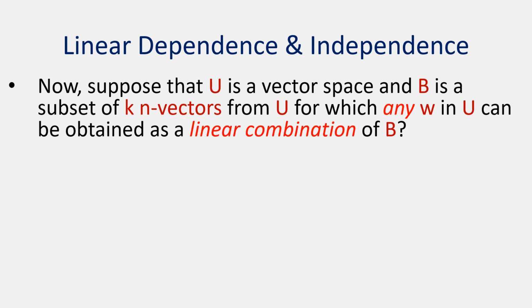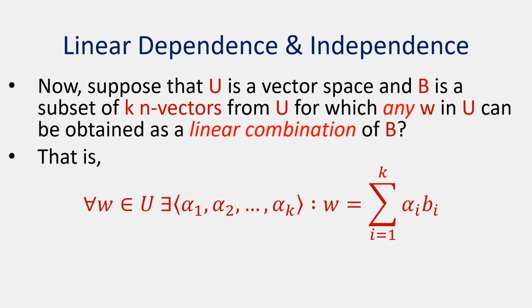And suppose that has the property that we can take any vector at all, W in U, and we can describe that vector as a linear combination of the vectors in B. In other words, for any vector we choose, any vector W in U, there is some way of choosing constant values with the property that we obtain W as a result of summing over all of the vectors in B and multiplying the relevant vector by some constant.